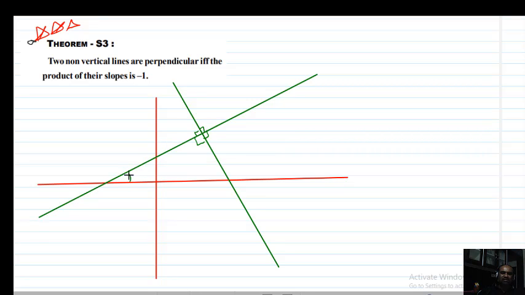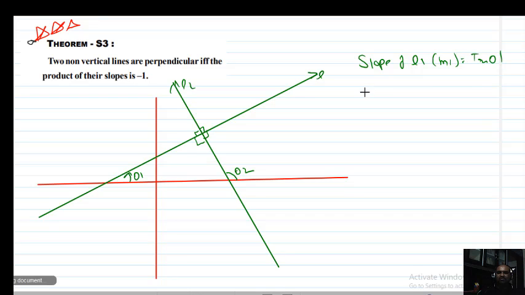So this is theta 1, this is theta 2. This is line L2, say the line L1. Slope of L1, M1, equals tan theta 1. Slope of L2, M2, equals tan theta 2.